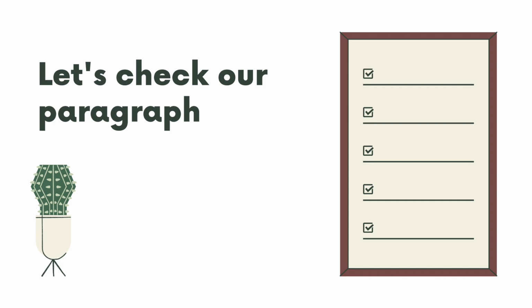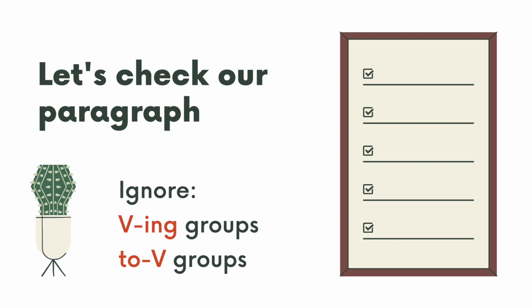Let's analyze our paragraph about museums to see if there are some complex verb tenses. For now, I'm going to ignore non-finite verb tenses such as ing forms and to forms.